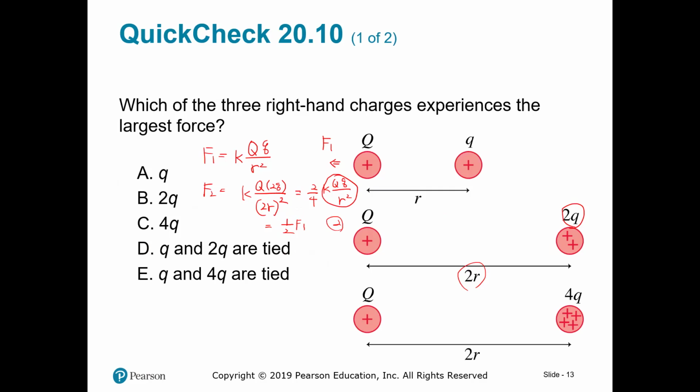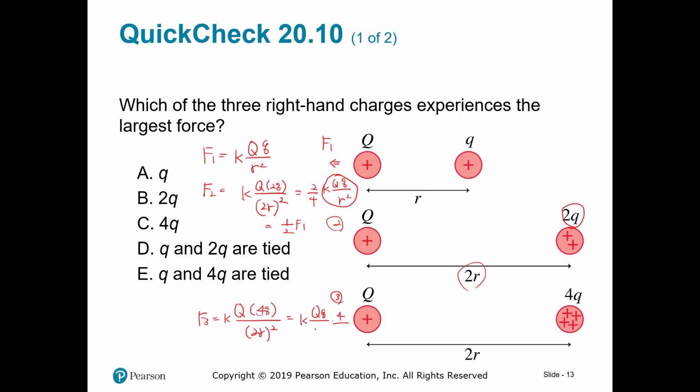And the third one you see here, case number 3, your F3 is gonna be Q, and instead of 2Q, this time 4Q, of course you have a K here, divided by 2R squared. And we do the same thing. You have a K, you have a Q, you have a small q, but the number 4 in front, I will bring it back to here this time.